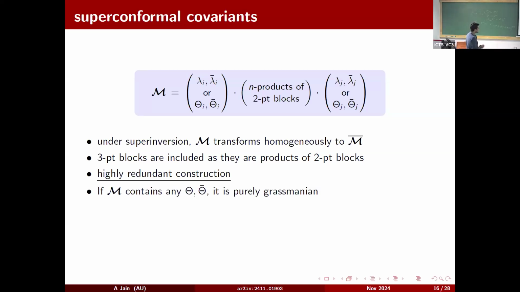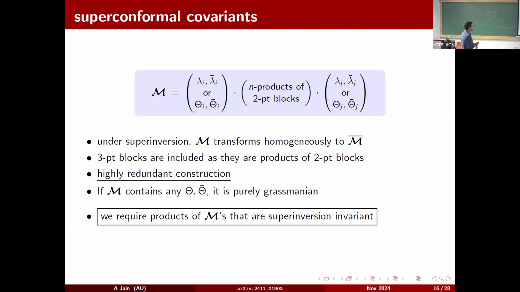Also, if the structure contains a theta anywhere, here or here, it's completely Grassmannian, which means when I remove the small thetas, when I look at the conformal part, this structure is 0. That means it's a purely superconformal construction. It does not have a conformal counterpart.